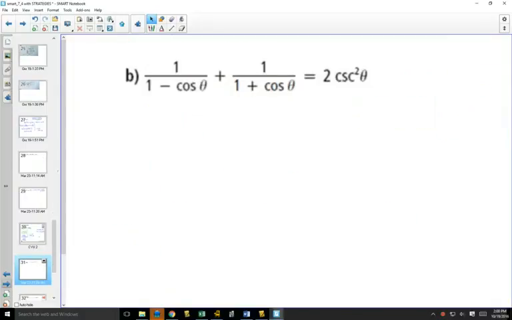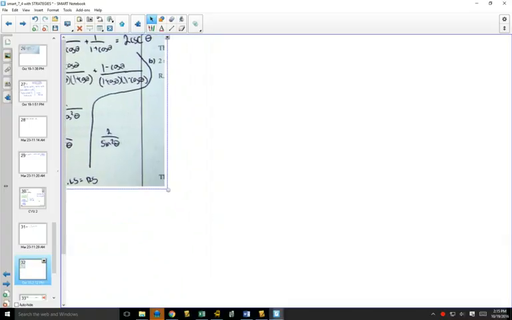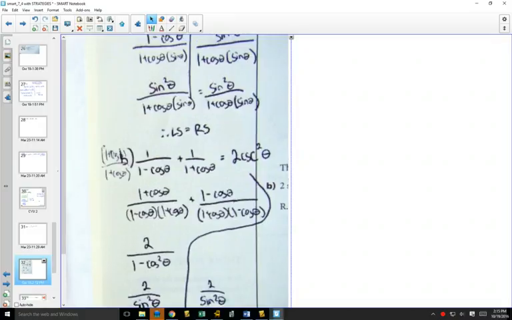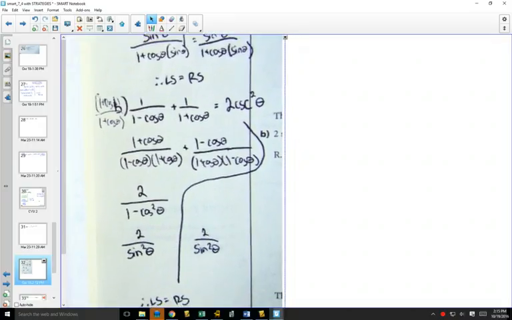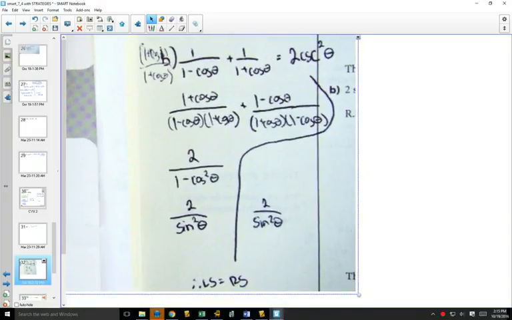Here's B. Here is an example of a proof. Can you see that? Do I need to make it bigger? There we go. Yes, sometimes when you split things up, the line gets a little crazy, but that's okay.